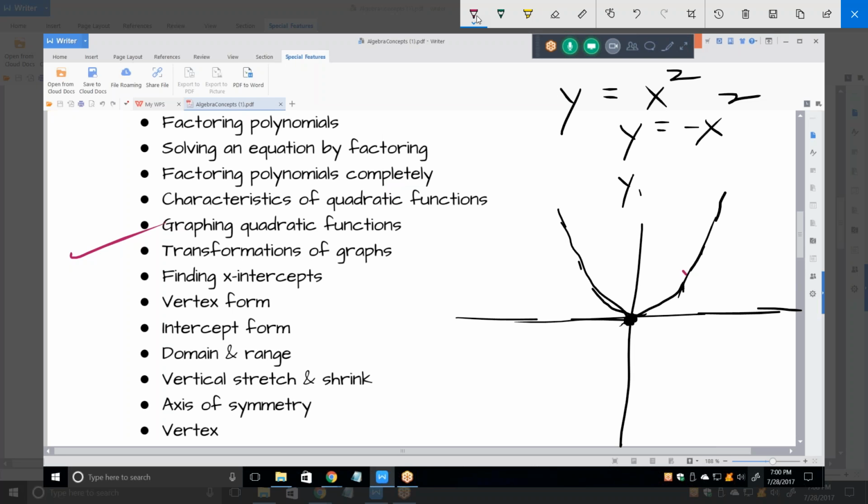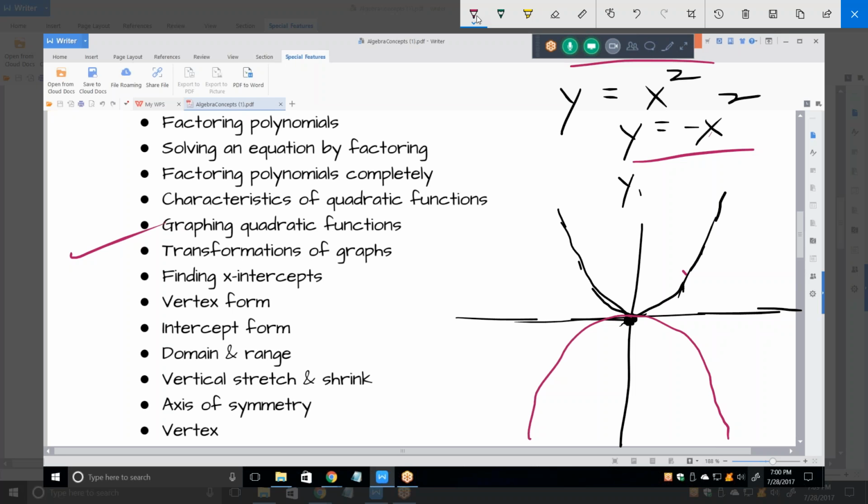Give me the x and y coordinates of the vertex of that function. I think it would still be 0, 0. Yeah. In other words, if you plug in 0 for x, you get 0. So the vertex is there, and it's basically just a reflection of the parent function.